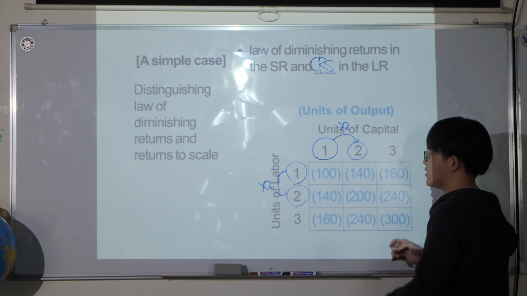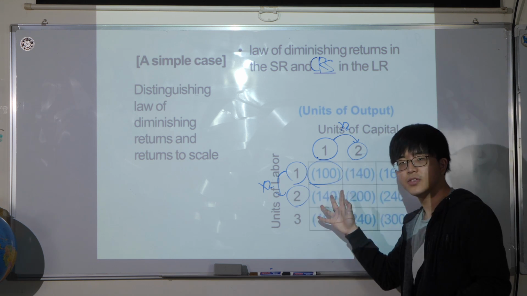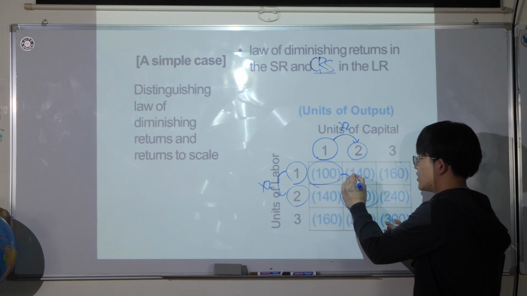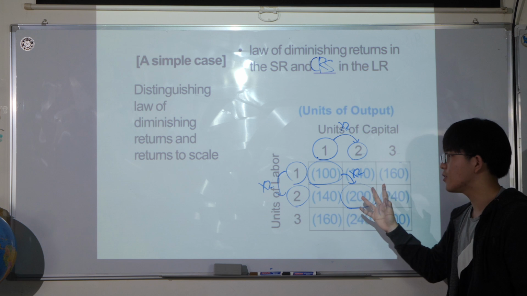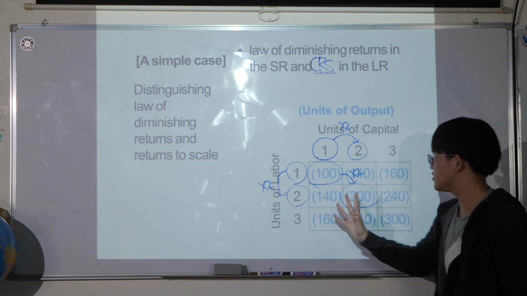In that case, the number inside the matrix is the output produced. It was 100, but it now increased to 200. It also doubled, right? Therefore, this is constant returns to scale because when input doubles, output doubles as well.